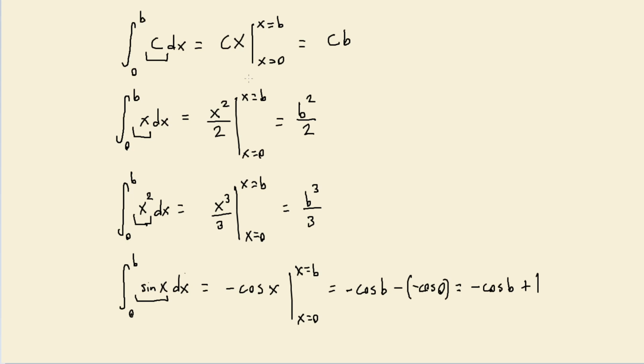It's going to find a function whose derivative is equal to the function that you're dealing with. If I wanted to take the antiderivative of x, that would give me x squared over 2. Because when I took the derivative of x squared over 2, I would be left with x.